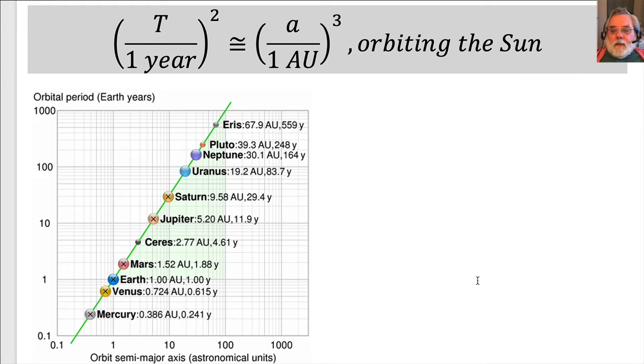A body orbiting at 4 times Earth's orbit, between the asteroid belt and Jupiter, would have a period of 8 years. A body orbiting at 9 times Earth's orbit, a little closer than Saturn, would have a period of 27 years. A body orbiting at 100 times Earth's orbit has a period of 1,000 years.